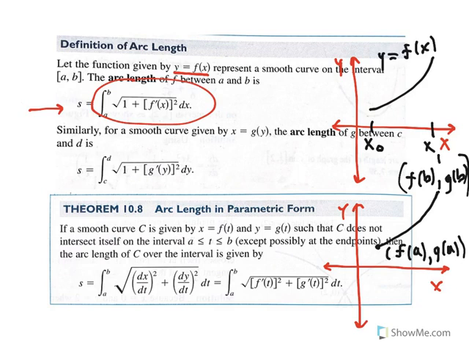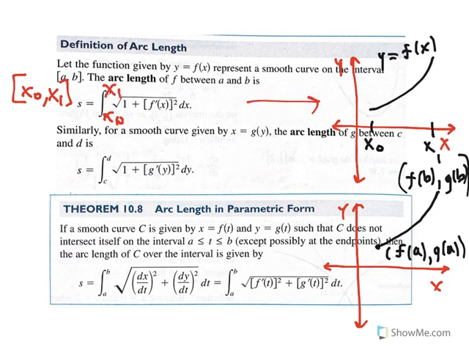Now, in my diagram, I changed it from a, b to x naught, x sub 1, so I would change this from a, b to x naught, x sub 1 to be consistent with the diagram that I have here.